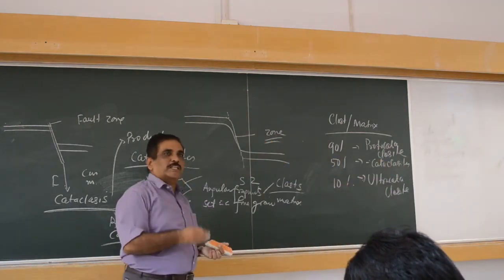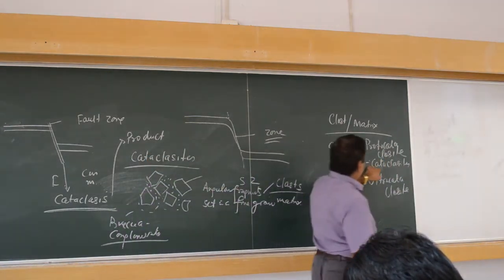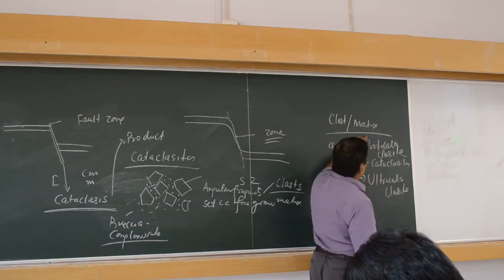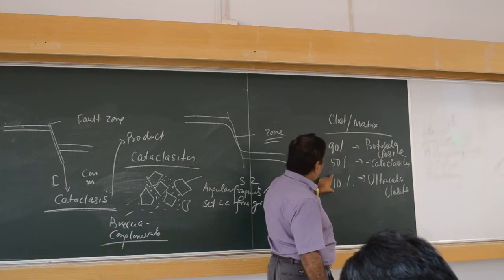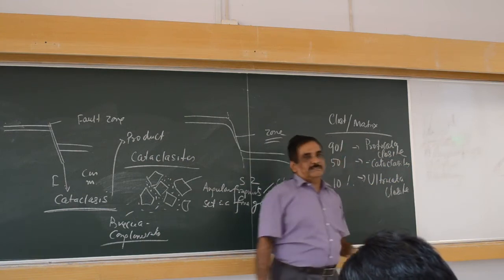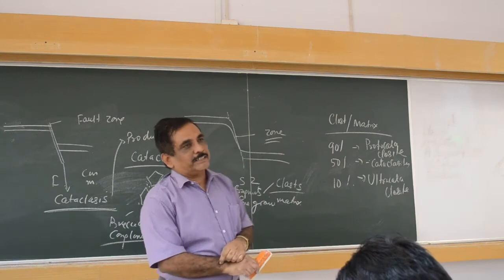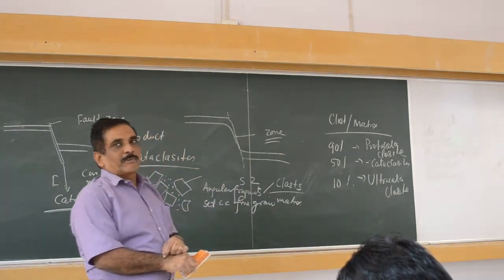Some people say orthocataclasite also, but simply write cataclasite. This is a protocataclasite where the clasts are dominating. If matrix is dominating, ultracataclasite. Understood na?